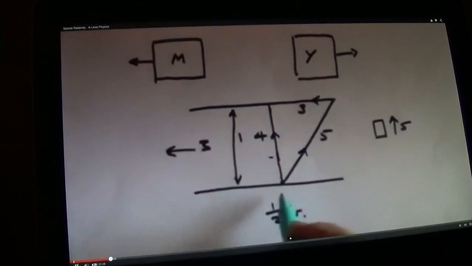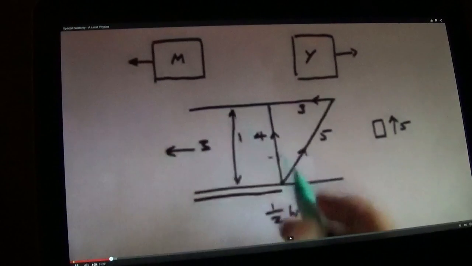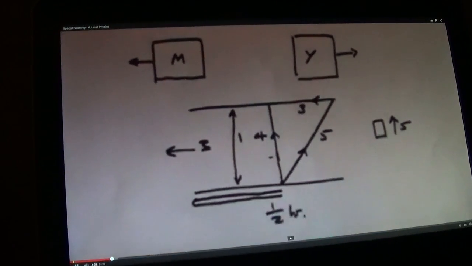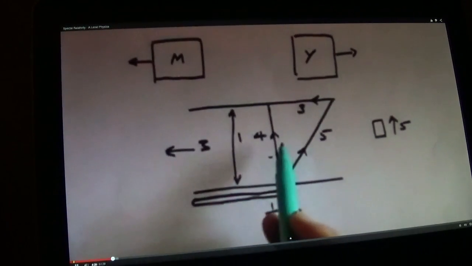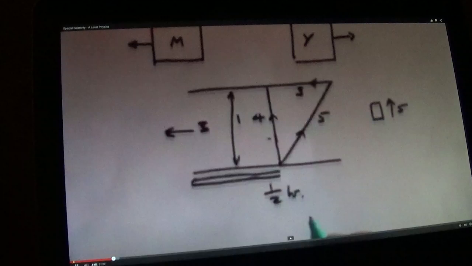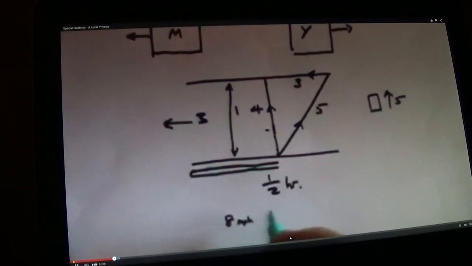Now let's say we want you to row 1 mile, that is the same as the width of the river, 1 mile downstream, and then we want you to row back again. Well, when the rower is rowing downstream at 5 miles an hour, the river will also carry him at a further 3 miles an hour because the river is flowing. So he'll go downstream at 8 miles an hour.